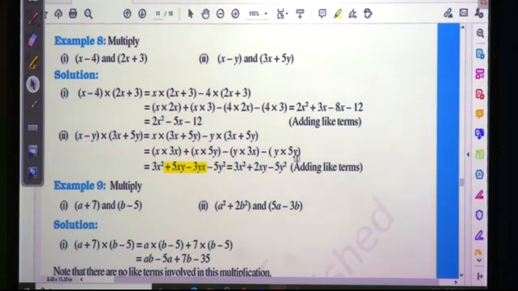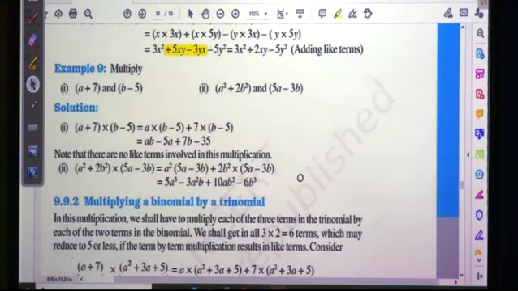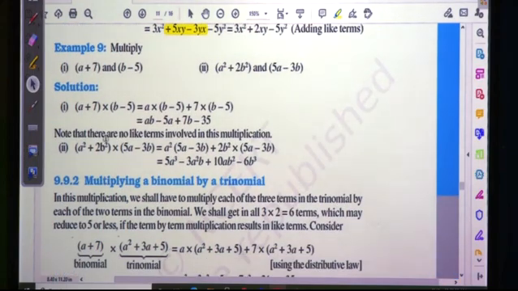Example 9, multiply a plus 7 and b minus 5. a plus 7 multiplied by b minus 5. It is a multiplied to the second expression, that is b minus 5, plus 7 multiplied to the second expression, that is b minus 5.